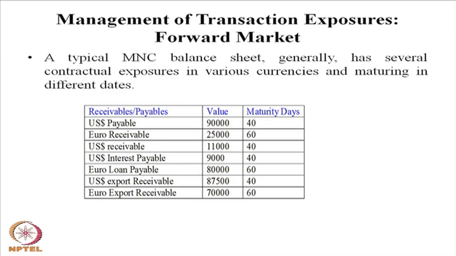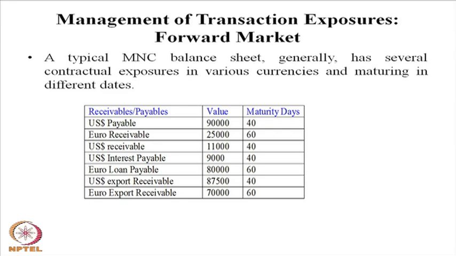And in this context, if you see this example, a typical MNC balance sheet generally has several contractual exposures in various currencies, maturing on different dates.